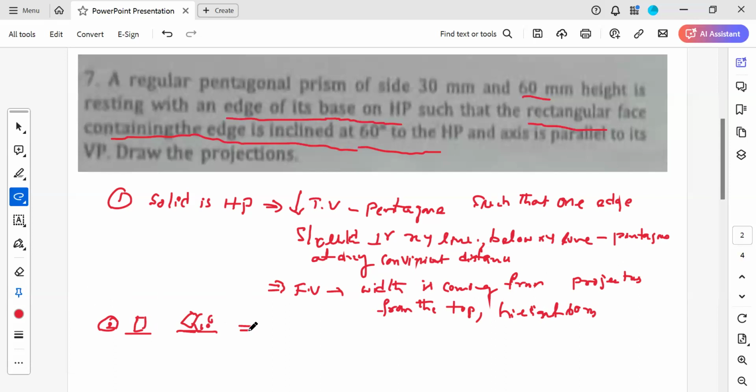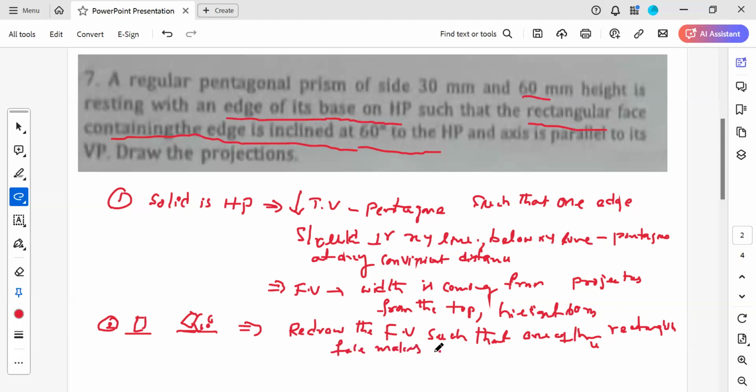So we are tilting. For that, we need to redraw the front view such that one of the rectangular faces makes an angle of 60 degrees with the xy line.